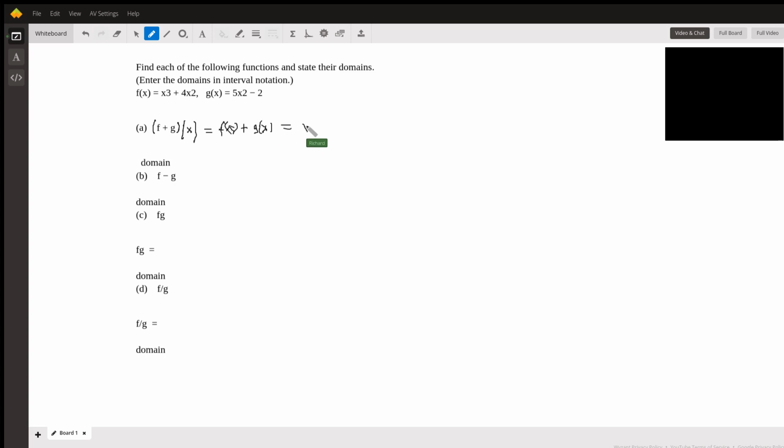So it's going to be x cubed plus, 4x squared and 5x squared is 9x squared, minus 2. The domain is going to be all real numbers. So if the teacher wants it in interval notation, it would be that.